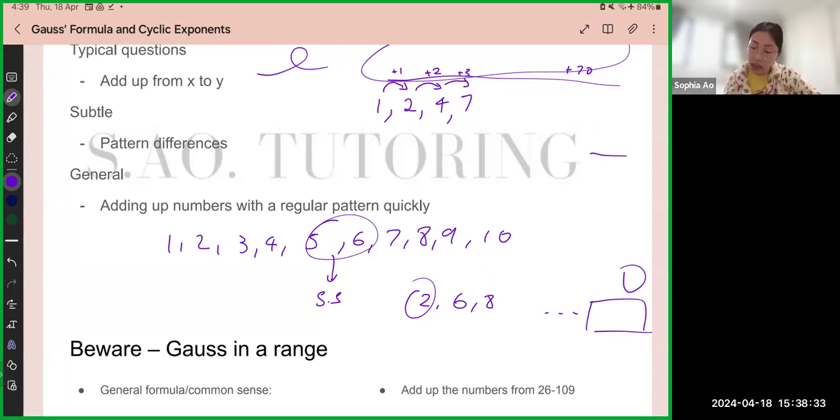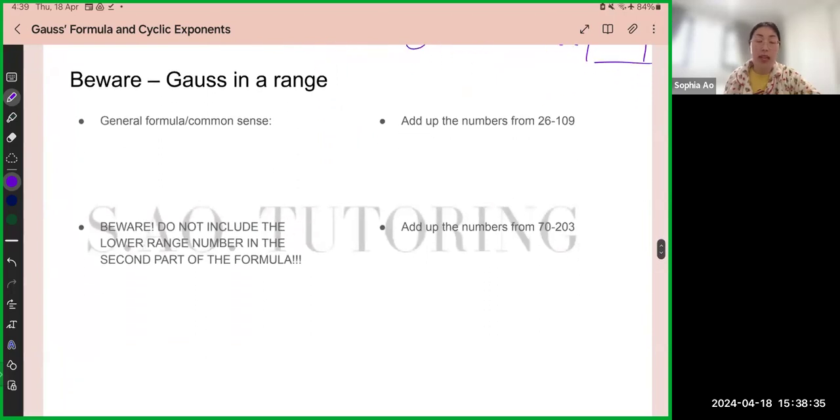Okay. Now, another example to be really aware of is Gauss, but in a particular range. So this is where, unfortunately, I see a lot of students making some mistakes. Okay, so they might ask you to do something along the lines of this. You might have to add up all the numbers from 26 to 109. Okay, they could give that in some sort of worded equation. They could just ask you to do that up front.